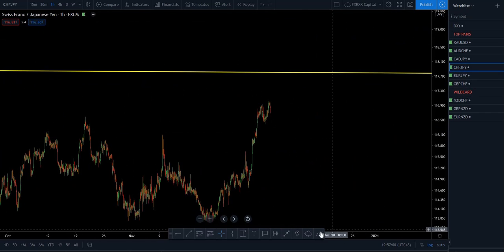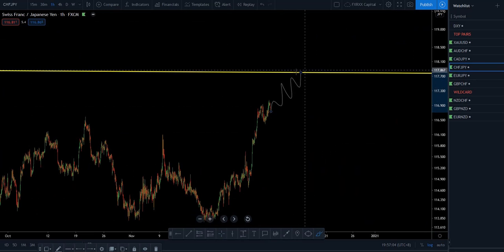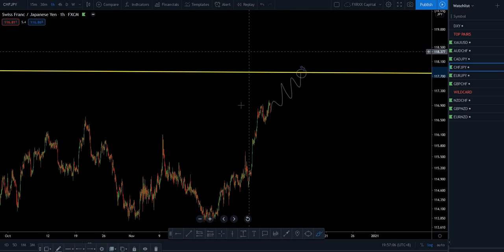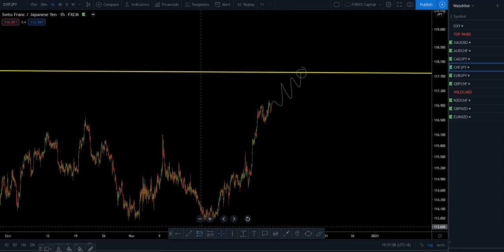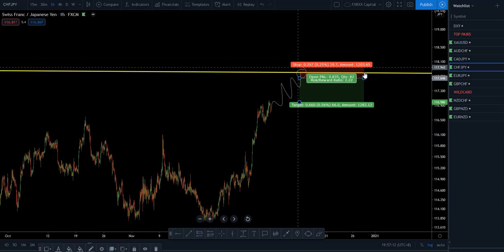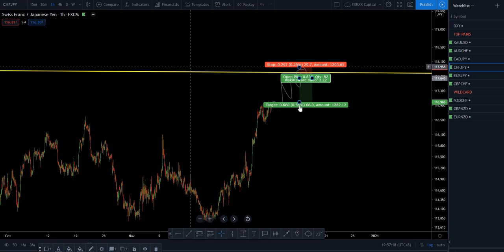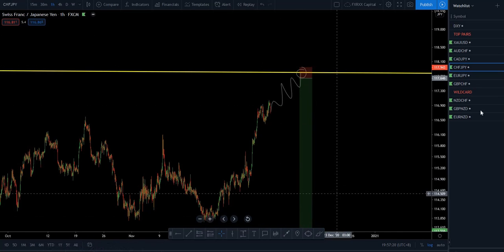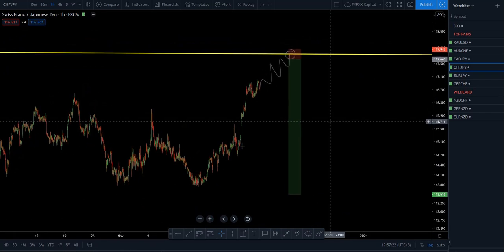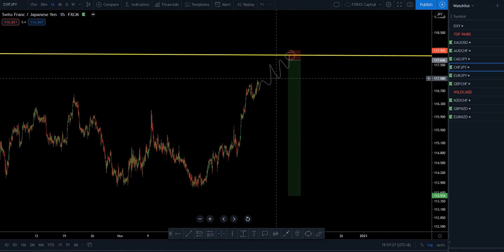So at this moment, what I'm looking for is price approaching this area one more time, and I will set my stop loss and move to the downside. I will wait to see how the price develops. Price moves to this area with impulsive phase or corrective phase.